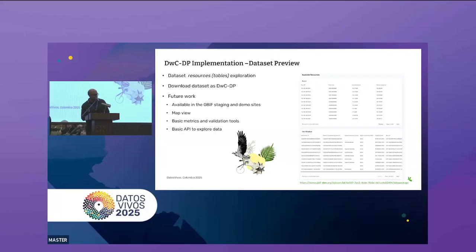We would also like to provide some basic metrics, in the sense of how many records are behind a specific table, what the specific columns are, how many records are in a column, and how a column is being populated, for example. And then we would also like to integrate this with the validation tools that can provide some kind of report about the validation status. And we would also like to provide a basic API that supports this data navigation.